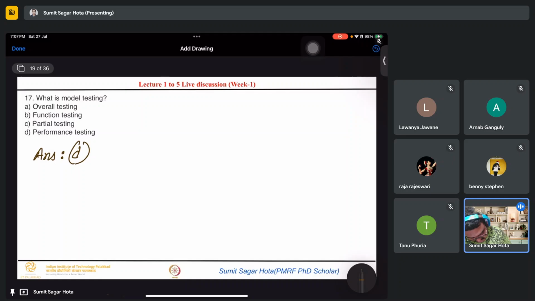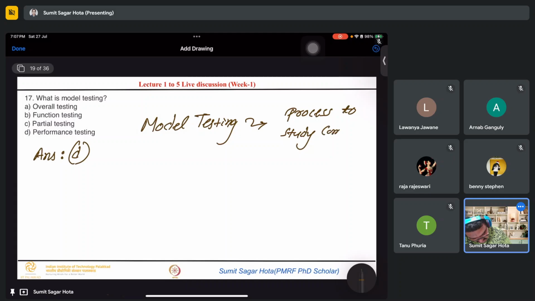So one basic definition I can write down. The model testing is the process to study complex fluid dynamics and also use different types of scaling, all these things.